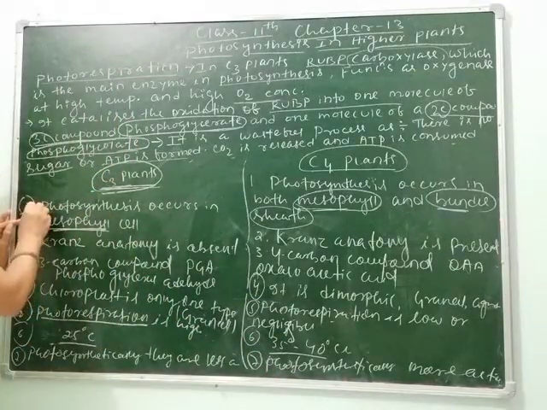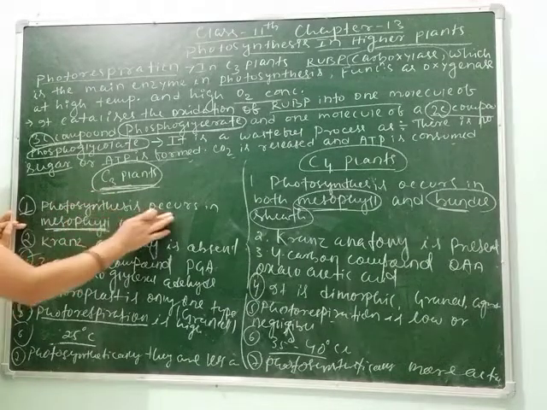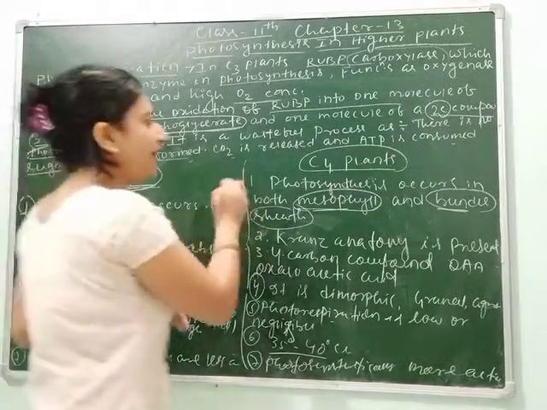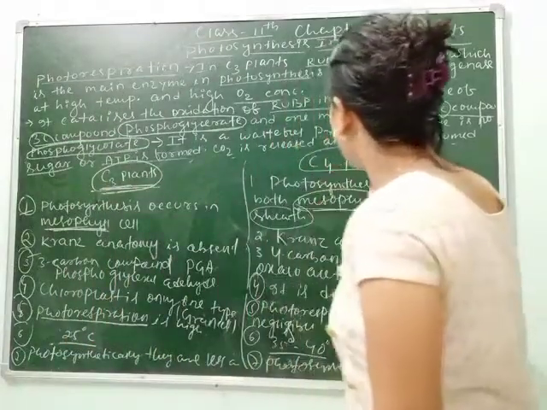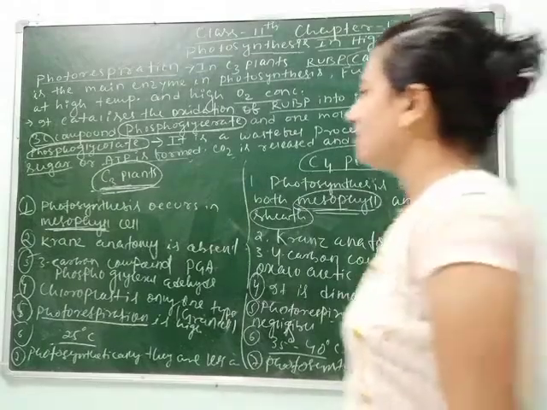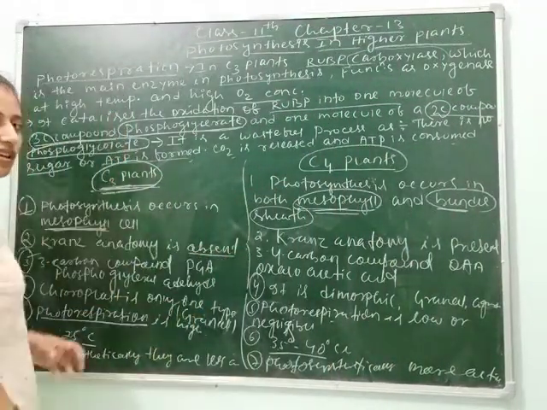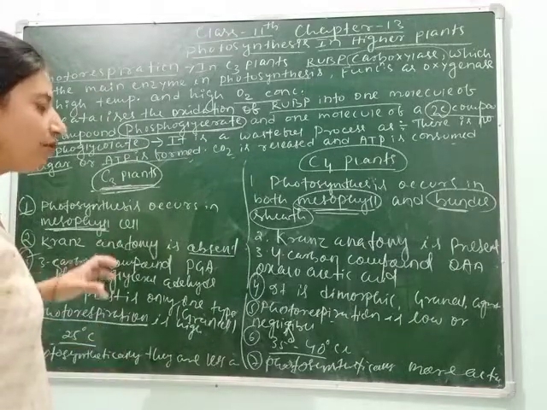So first point, in C3 plants photosynthesis occurs in mesophyll cells, whereas in C4 plants photosynthesis takes place in mesophyll cells and bundle sheath cells. Second point, Kranz anatomy is absent in C3, meaning no cells are found very close to each other.